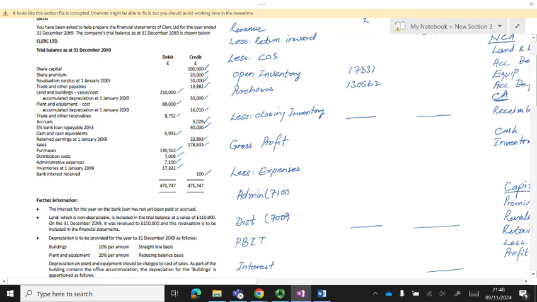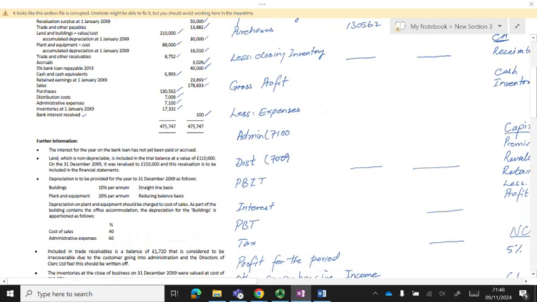Bank interest. Now you can see bank interest received is written on the credit side. You can either include that by adding 100 into the gross profit, or next to the interest you can write it as a positive figure 100.